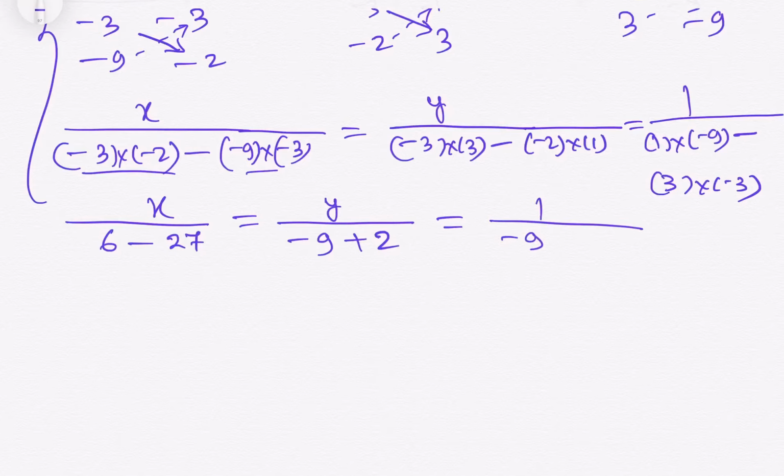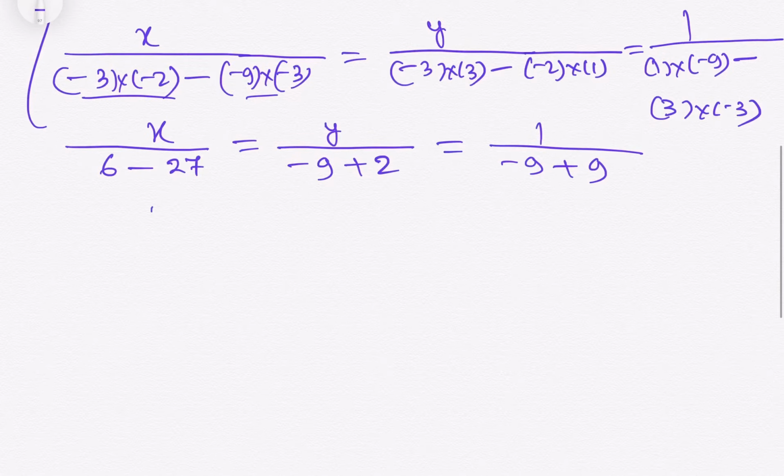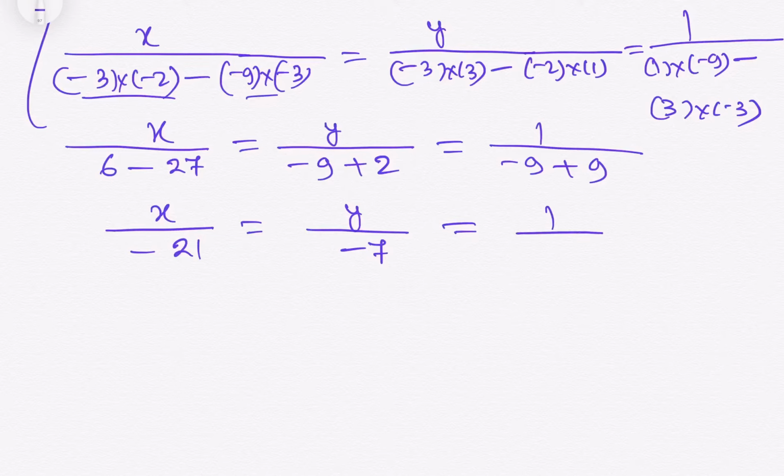Minus 9 and minus 9 with the sign gives plus 9. After simplification, minus 27 plus 6, which is minus 21, equals y, divided by minus 9 plus 2, which is minus 7, equals 1 divided by minus 9 plus 9, which is 0.